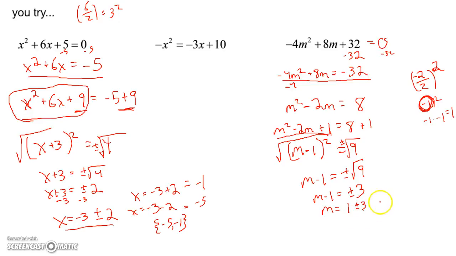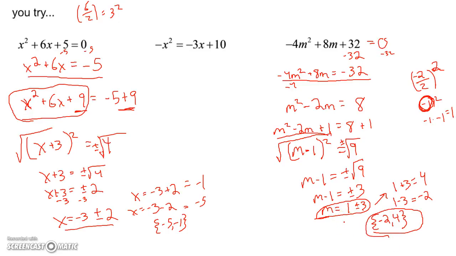And again, that's the same thing as 1 plus 3 and 1 minus 3. So it's going to be 4 or minus 2. I'm okay with this solution. I'm also okay with this solution. Make sense? Those mean the same thing.